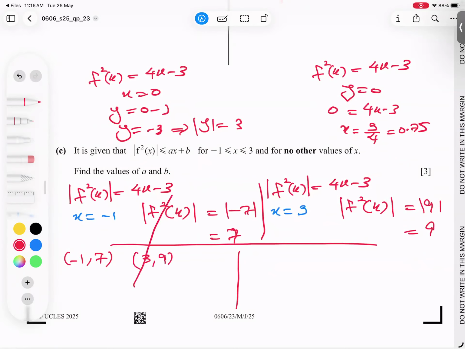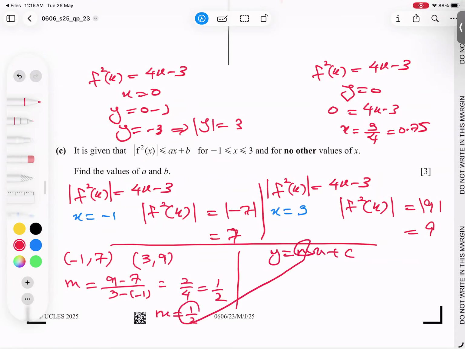So I'm looking at the y equals mx plus c format. First find the gradient. The gradient is 9 minus 7 over 3 minus -1. I'm getting 2 over 4, becoming half. So the gradient I'm getting is half. And now I'm finding y equals mx plus c.